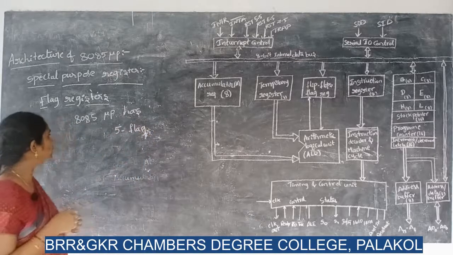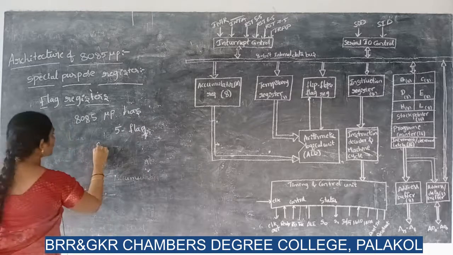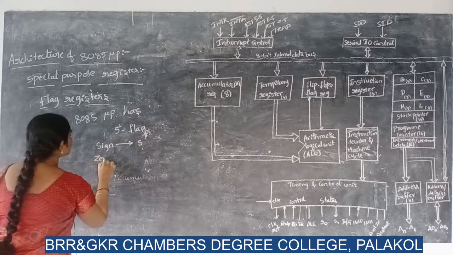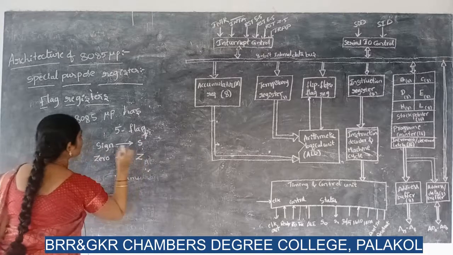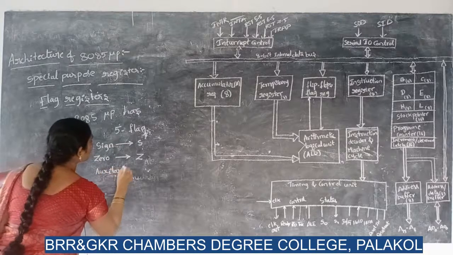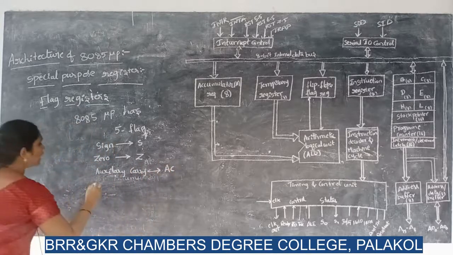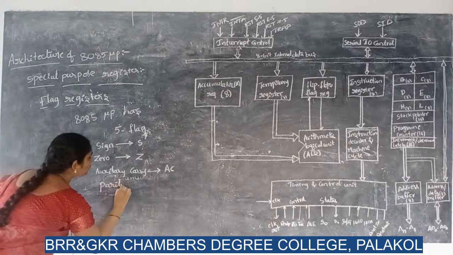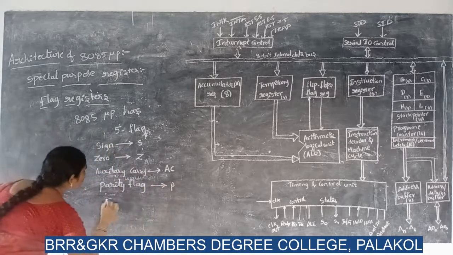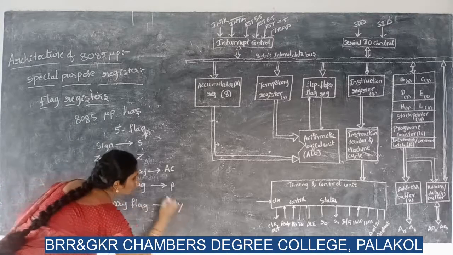Those flags are the sign flag, denoted with S, and the zero flag, denoted with Z. Next is the auxiliary carry flag, denoted with AC, then the parity flag, denoted with P, and after that the carry flag, denoted with CY.